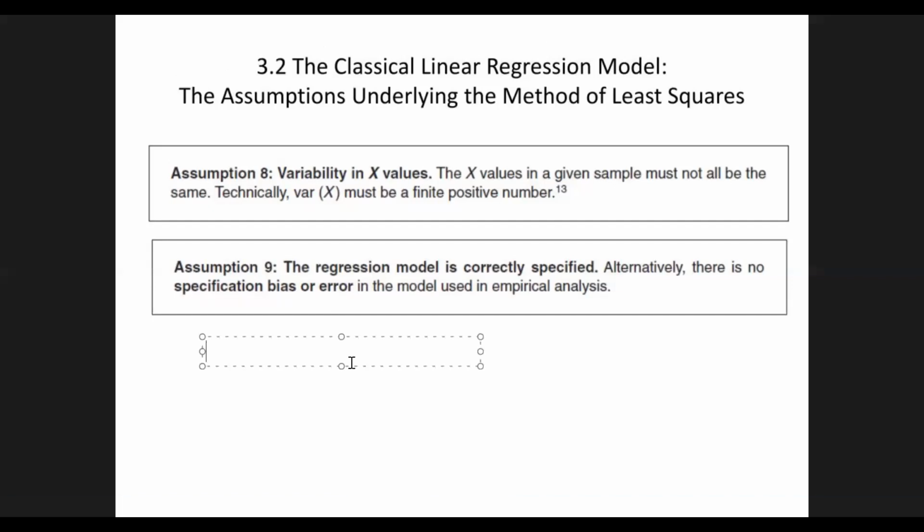Let me write it down here: specification bias or error in functional form.